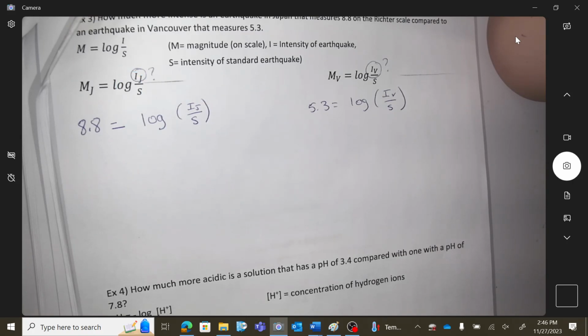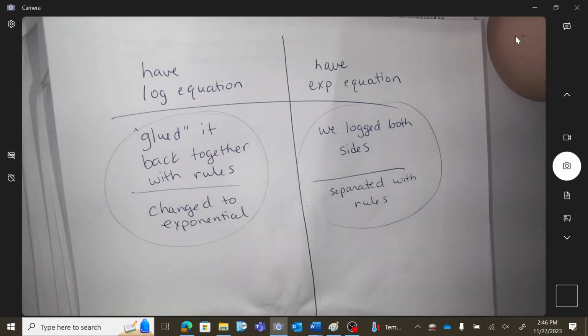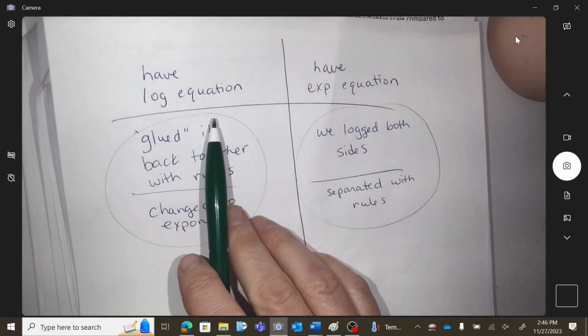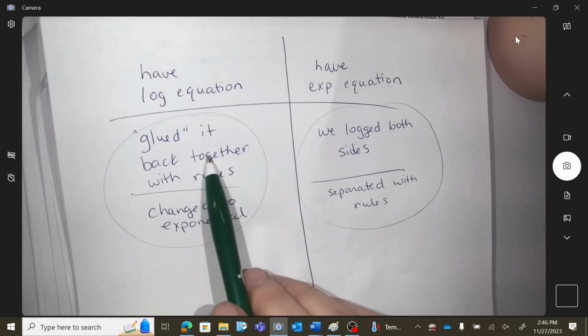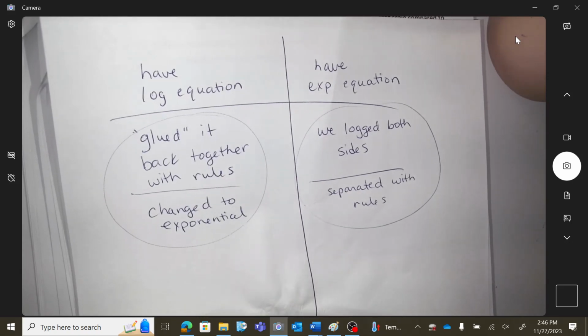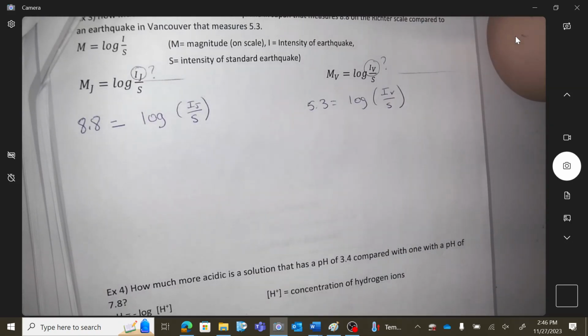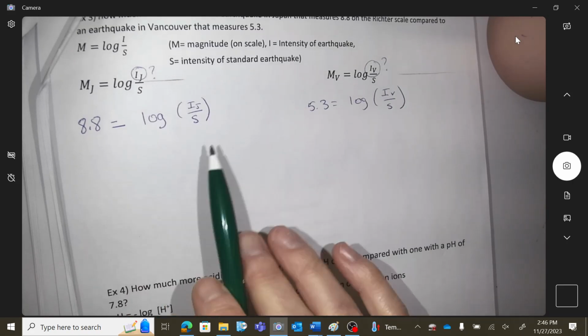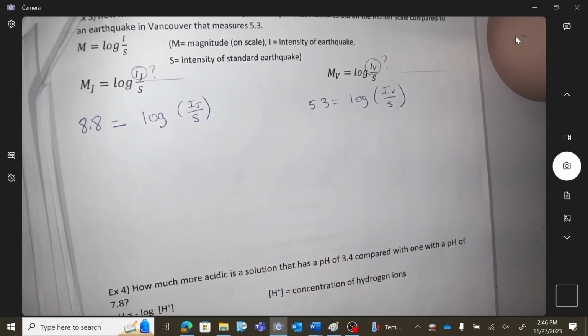Okay. We have our little cheat sheet. We remember what to do. Now we have a log equation. So glue it back together and change it to exponential. Well, there's nothing to glue together. There's not 2 different logs. So we're straight into change it to exponential.